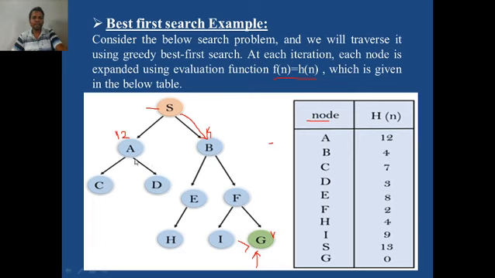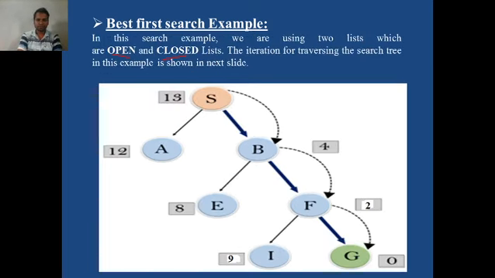Node A will be kept in open list, and as we reached B, this node S is already traversed, therefore we will put S in the closed list. Okay, so let us go through this, then you will understand.